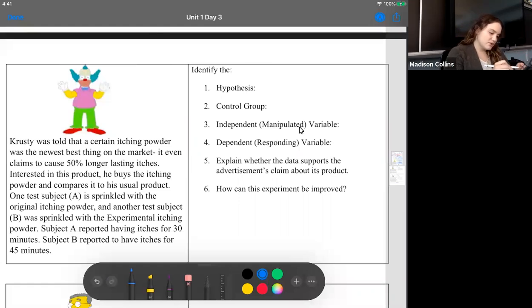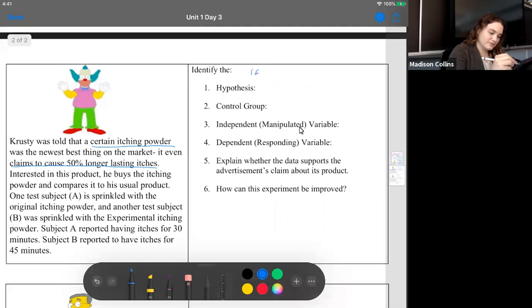Well, Krusty was told that this new itching powder causes 50% longer lasting itches. Oh wait, let me write this as a hypothesis.